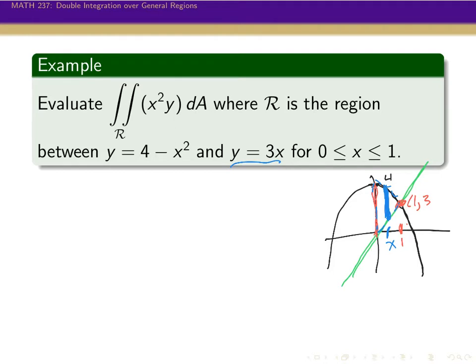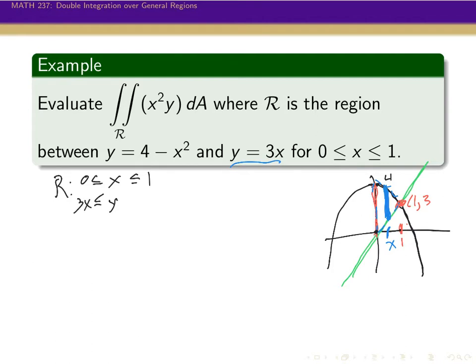Okay, so the way that we're looking at R here is our x values are going from 0 to 1, starting at x equals 0, going to 1, and then for some x value in between, the y values are starting when we hit the line.